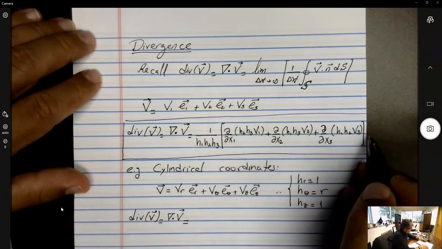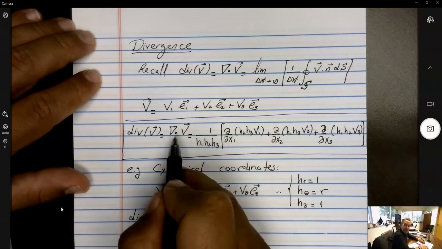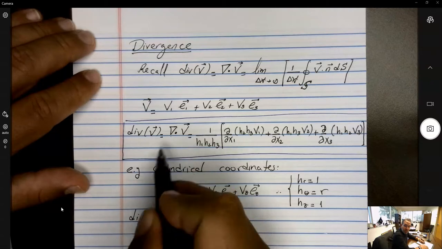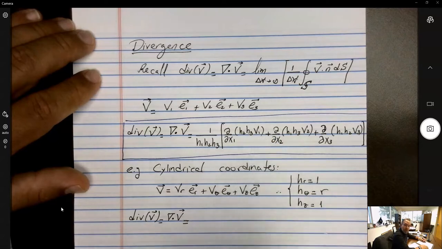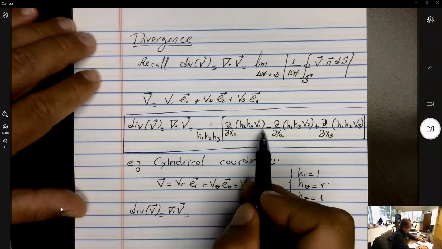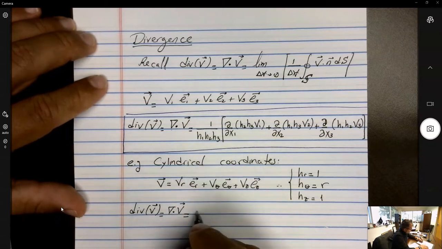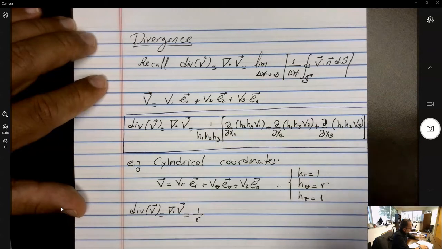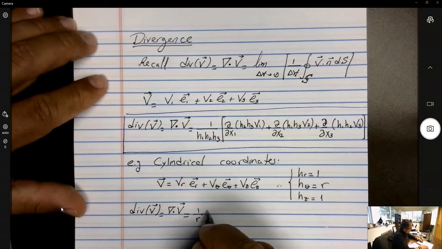What we should end up with is a scalar, because remember, the divergency of a vector field, this dot is implying a scalar product, and therefore you should end up with a scalar, no directions, not E1, E2, E3 anywhere. So this is 1 over H1, H2, H3, which is 1 over R, right? And I'm going to just multiply it through. H2 and H3 is R, so that's going to be d dr of R VR.